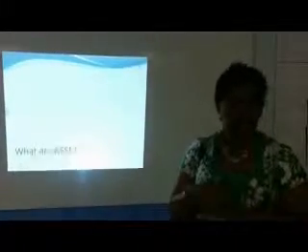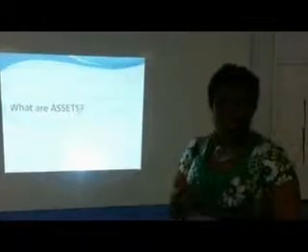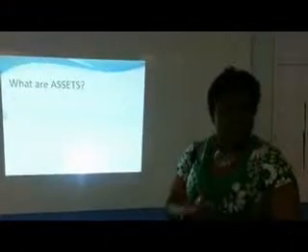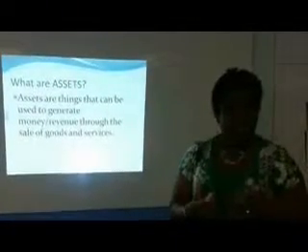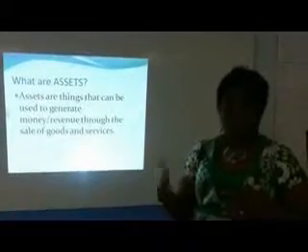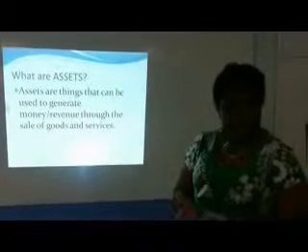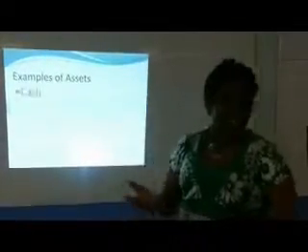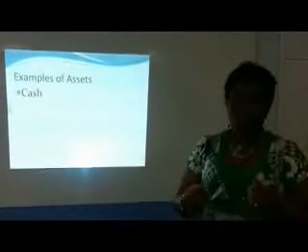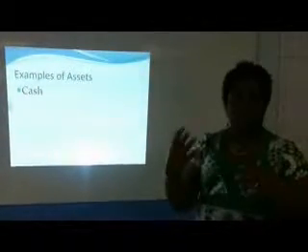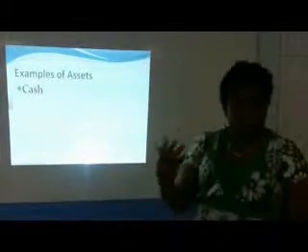Let's first look at what are assets. In accounts, when we speak about assets, we are talking about things that can be used to generate money through the sales of goods and services. So some of our assets in accounts would be cash. We use cash for the purchasing of goods or services.